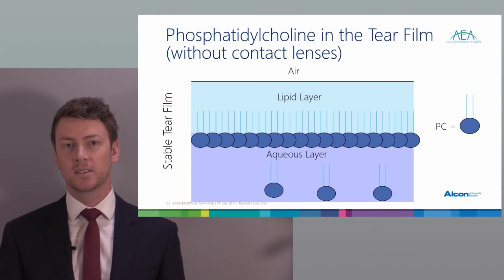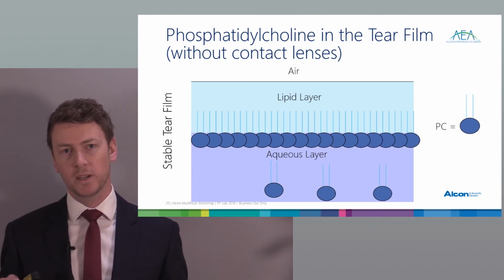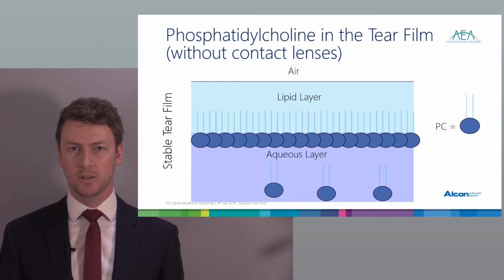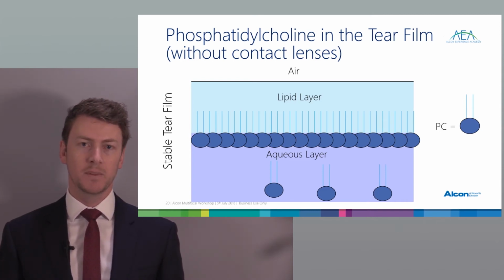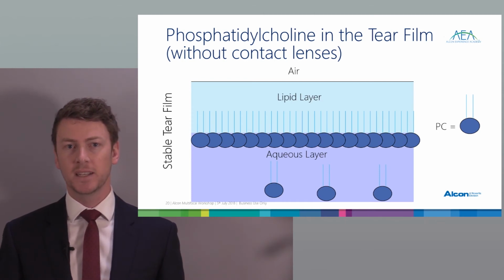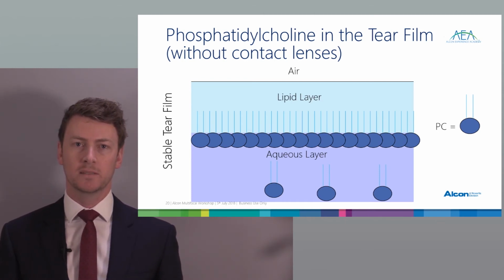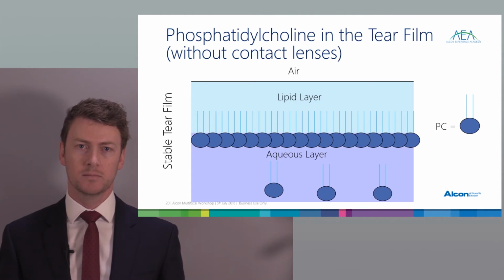So this is a stable tear film with the lipid layer, aqueous, and in between the layer of phospholipids, one of these being phosphatidylcholine, keeping that lipid layer stable, and you can see the free-floating phosphatidylcholine in the aqueous.